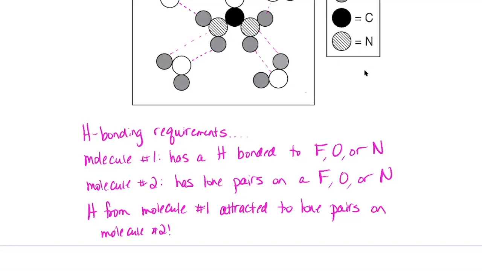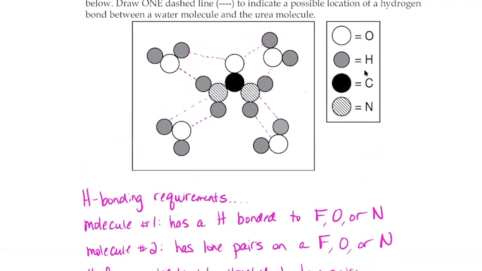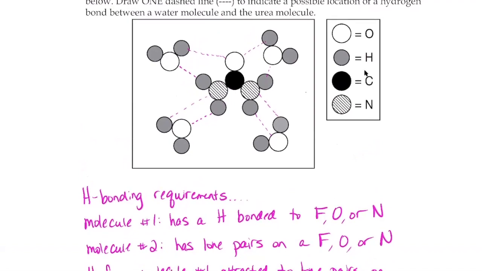Okay, so your description of where you would have your lines there, it could be from the hydrogens on the water molecules to the oxygen on the urea. You could have that attraction. You could have the hydrogens from the water molecules be attracted to the lone pairs on the nitrogen of the urea.